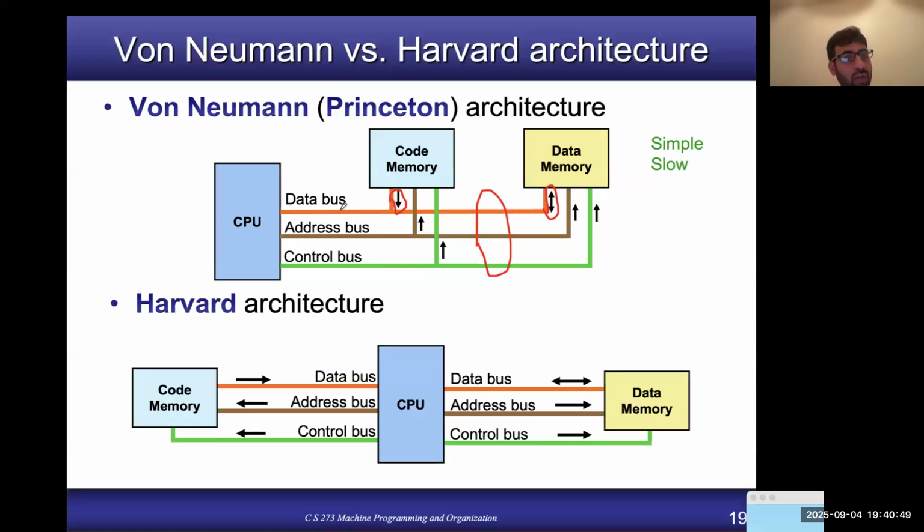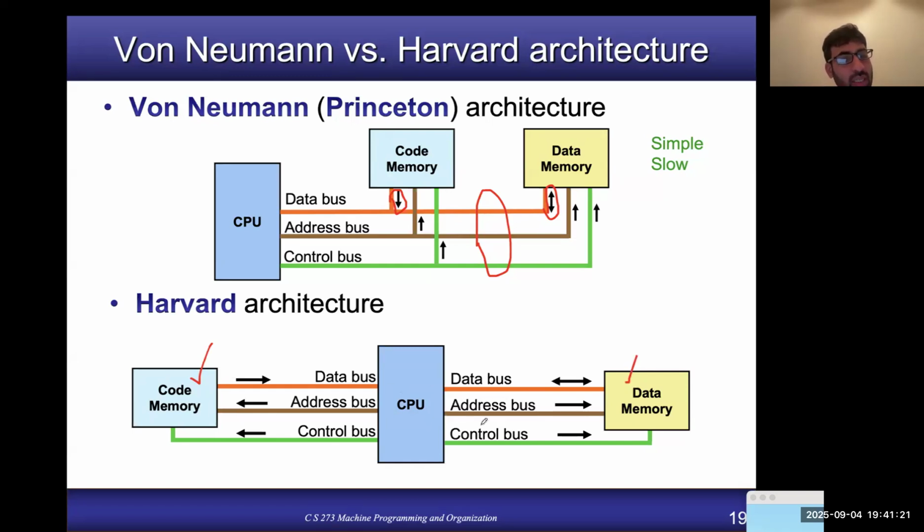Compared to this, we have the Harvard architecture, where, unlike the Princeton architecture, we have a separate data bus, address bus, and control bus for code memory and data memory. Which basically means that, for example, if the CPU wants to read an instruction from the code memory and write data to the data memory at the same time, it can do that.